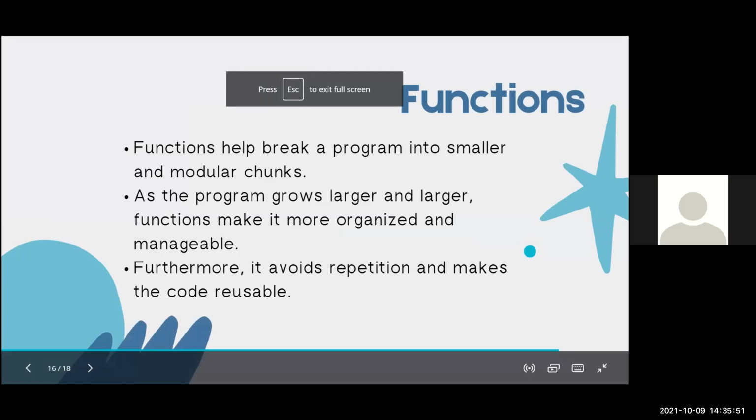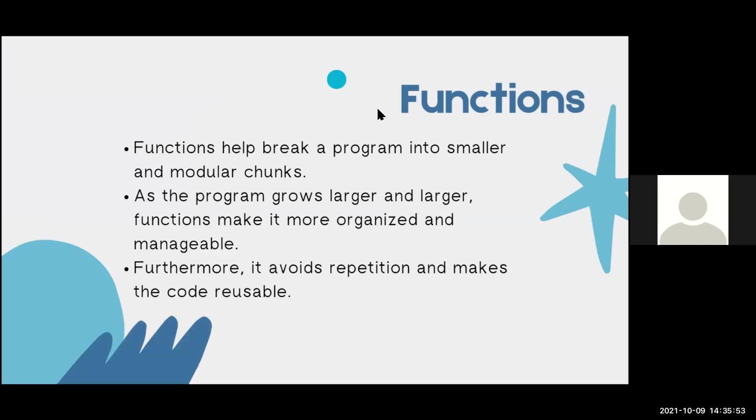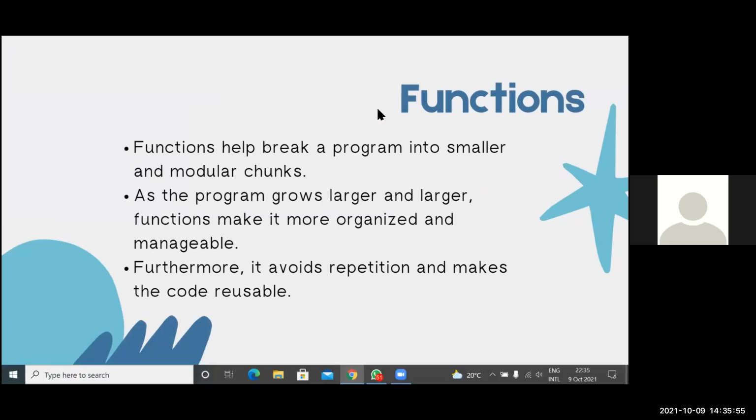Right. Since we are good, let's just continue with the functions. At the beginning, I remember we mentioned that Python accepts different paradigms. We talked about procedural, functional, and object-oriented.